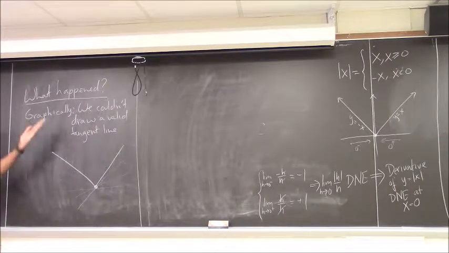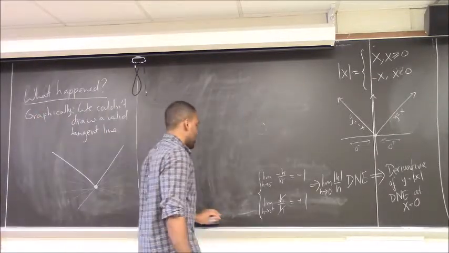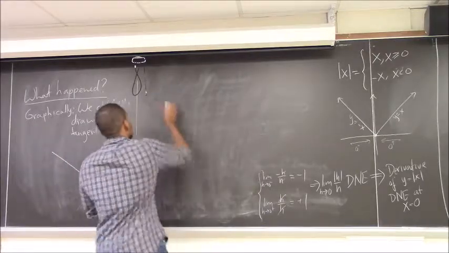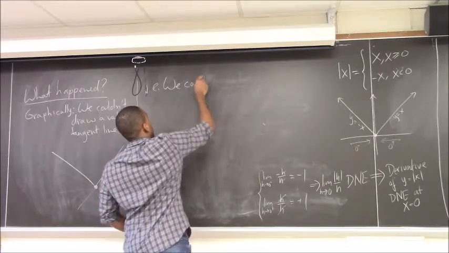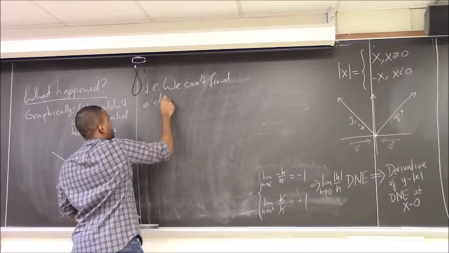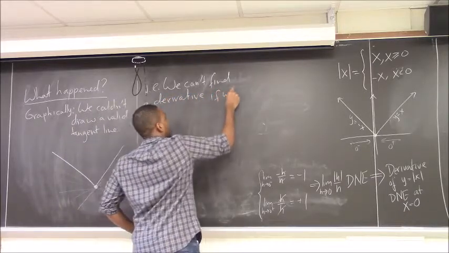And so the derivative didn't exist because we couldn't actually draw a tangent line. And the derivative is all about finding the slope of the tangent line. There is no valid slope to draw a line. So, we can't find a derivative if we can't draw a tangent line.